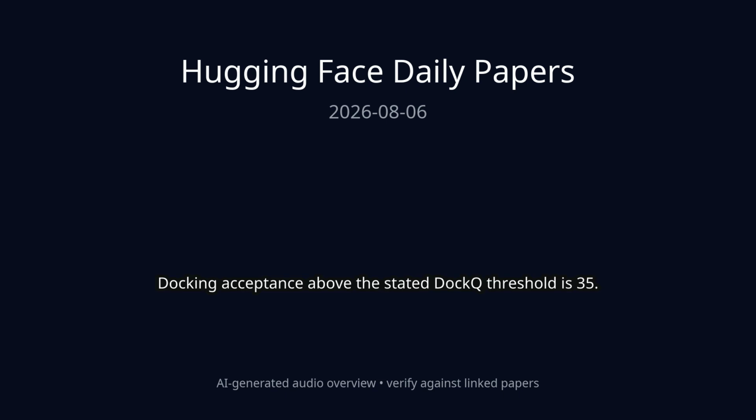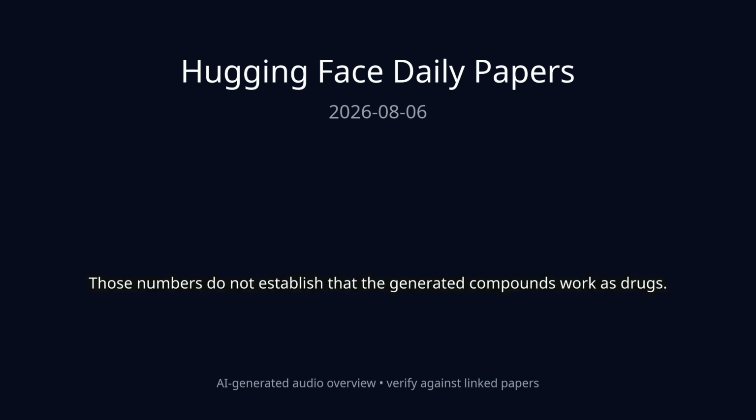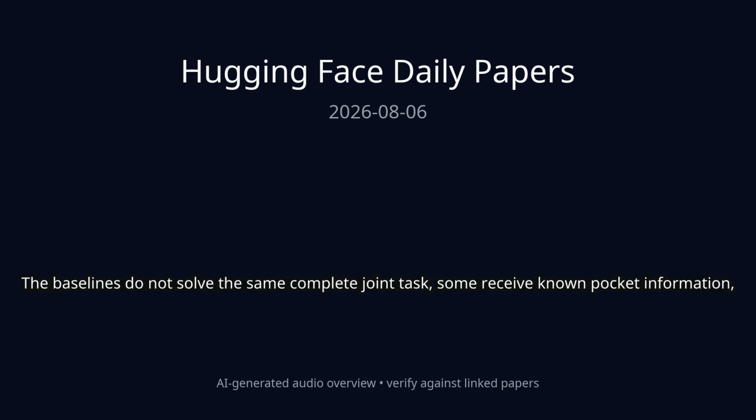Docking acceptance above the stated DocQ threshold is 35.2% versus 30.8% for deep ternary. Removing interface correction lowers average DocQ from 0.22 to 0.15, supporting the usefulness of that component in the reported computational pipeline. Those numbers do not establish that the generated compounds work as drugs.